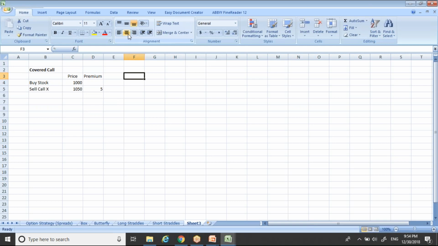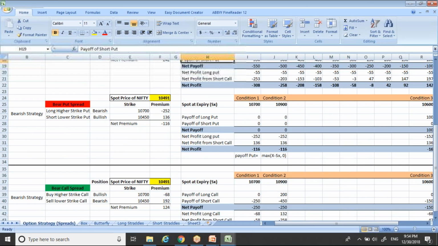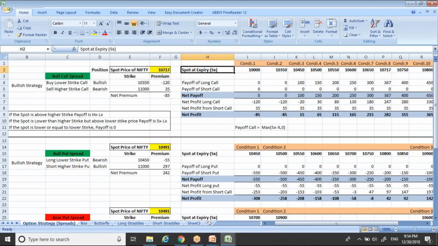Now what happens when the price goes up? What is your payoff? Or shall I copy from here all the things and then change it? I should not copy from here.